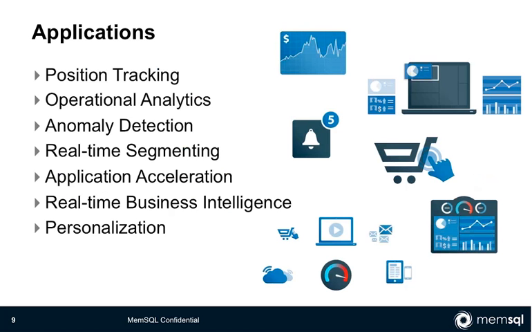These are all areas where we find that the intersection of transactions and analytics can help drive a lot of value for our customers, and in particular, the ability to run the analytics up to the last click. That ability to do so in real time gives our customers visibility that they simply couldn't get with traditional tools.